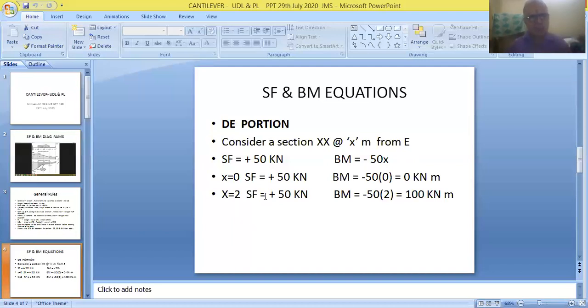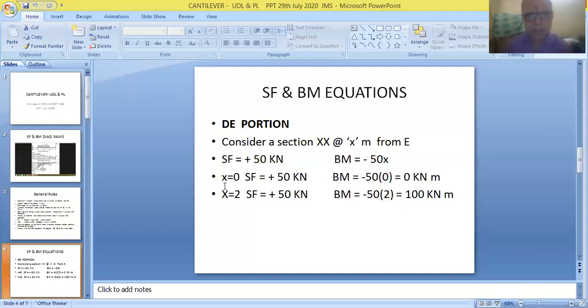So this SF value is totally free of the x parameter. So x equal to 0, SF will be equivalent to 50 kilonewtons. And at x equal to 2 meters, also it will be equivalent to 50 kilonewtons. And similarly, we can find out the values of bending moment.